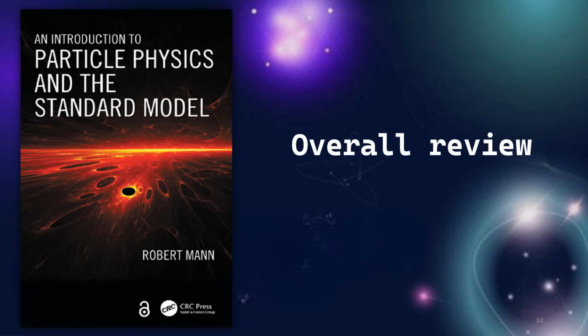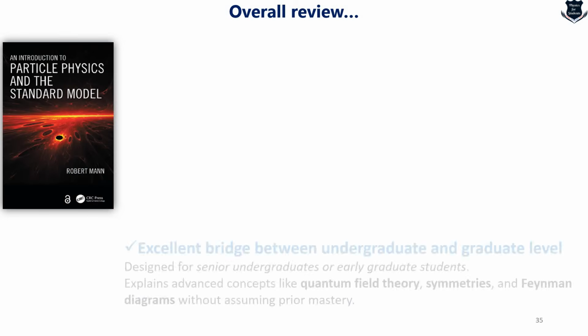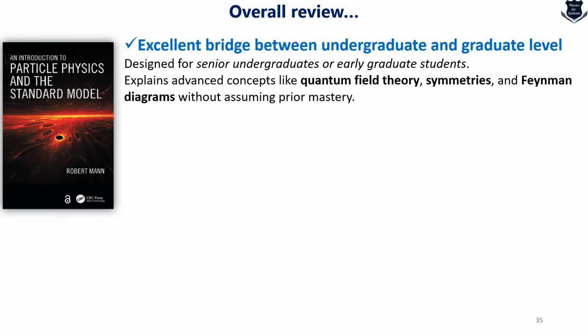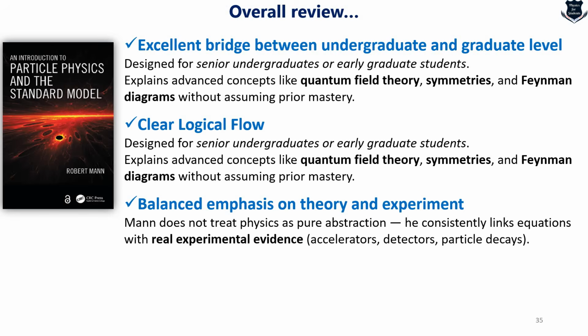the pros and cons, the strengths and weaknesses of this book. So starting with the strengths, I would say it is an excellent bridge between undergraduate and graduate, because it explains advanced concepts like quantum field theory, etc. And I would also say that it is very clear and logical, because it explains the concepts and is designed for senior undergraduates, and it has a balanced emphasis between theory and experiment.